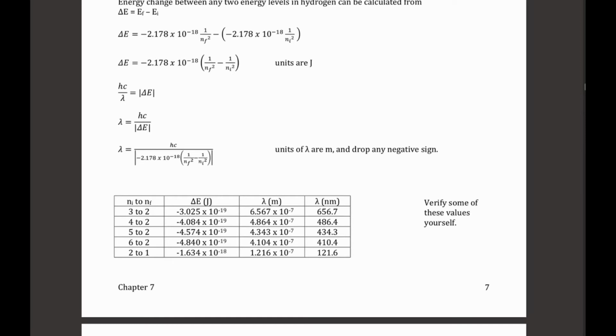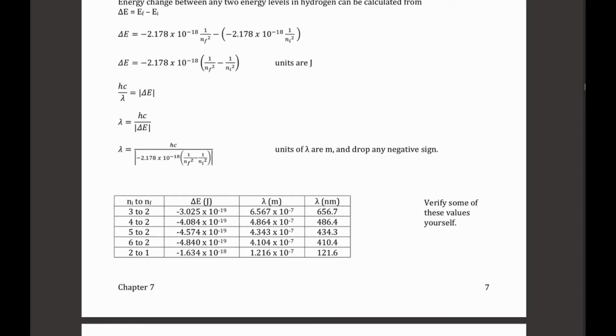So for E final, we put the Bohr equation where we use n sub F, and for E initial, again, the Bohr equation where we use n sub initial. Delta E comes out to be negative 2.178 times 10 to the minus 18 times 1 over n final squared minus 1 over n initial squared.